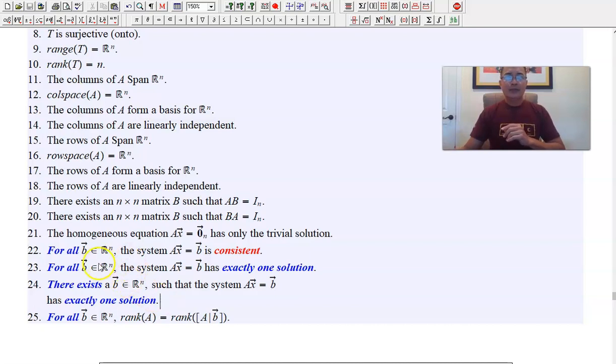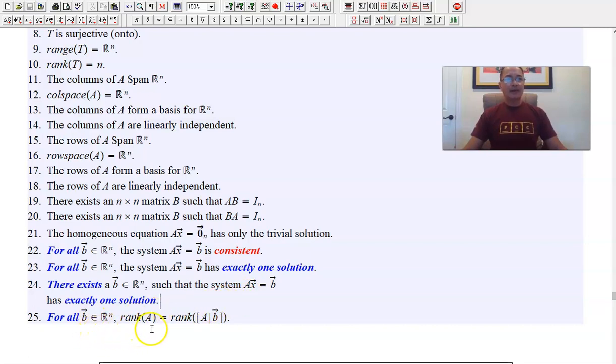In 22 and 23, you can put any B that you want on the right side of these equations. Any B you want at all. 24, no. Someone makes a choice for you. Someone finds a B in Rn so that this system, AX equals B, has exactly one solution. Now that's enough to conclude that A has to be invertible. Think about that.